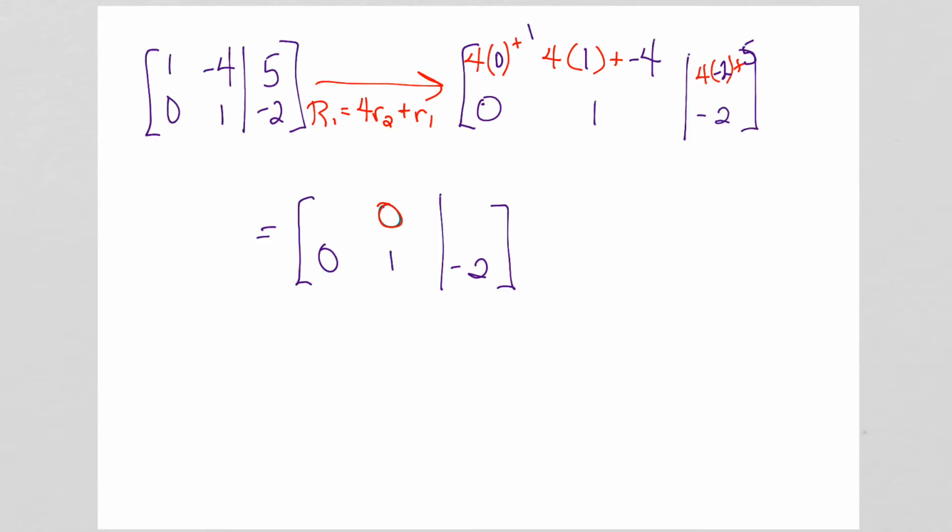Okay, so we've got 4 times 0 plus 1 is 1. 4 times 1 is 4 plus -4 is 0. There we go. 4 times -2 is -8 plus 5 is -3. And so the row operation that we used, our answer here in this particular problem, is that row 1 was 4 times R2 plus R1.